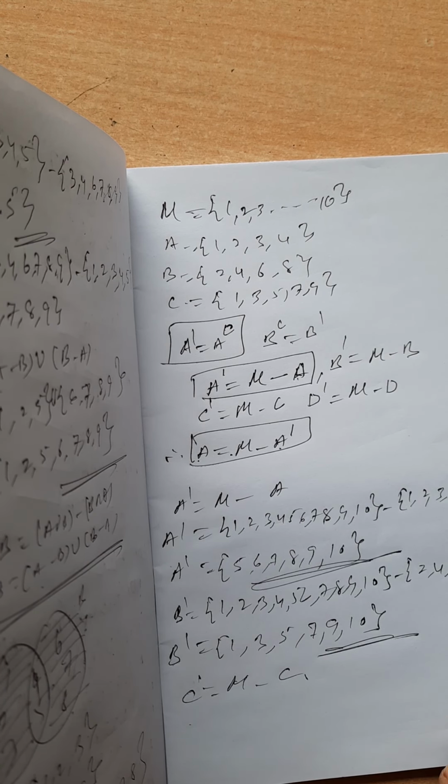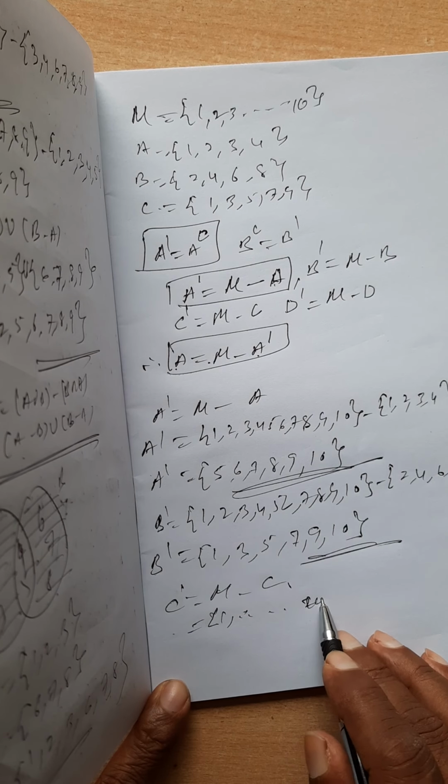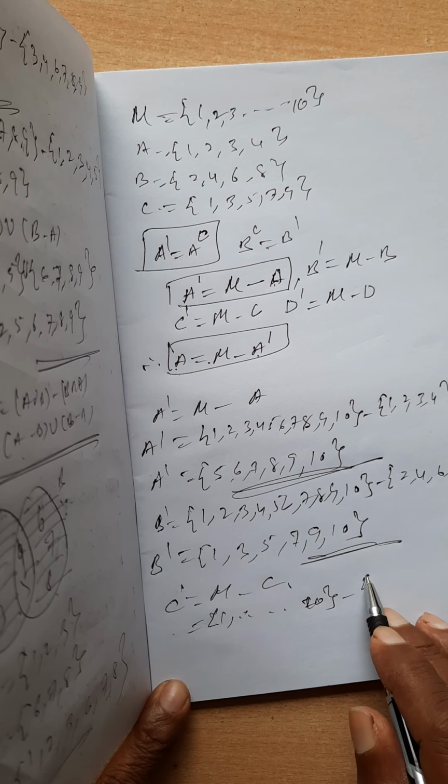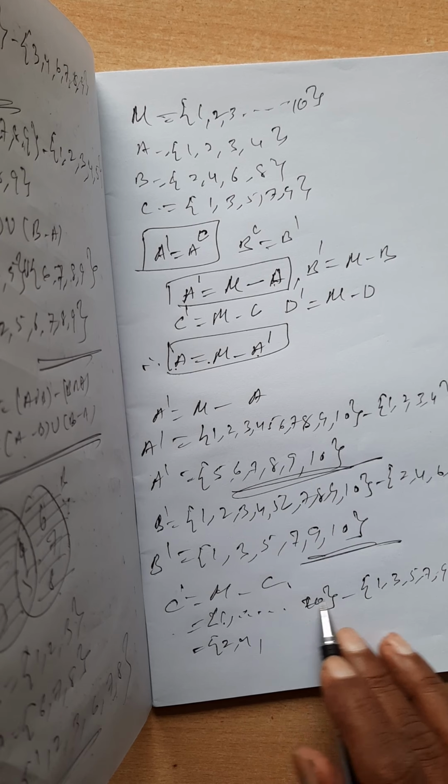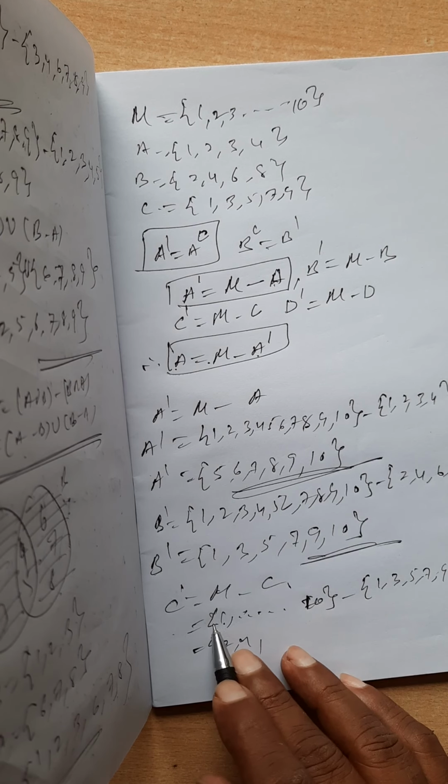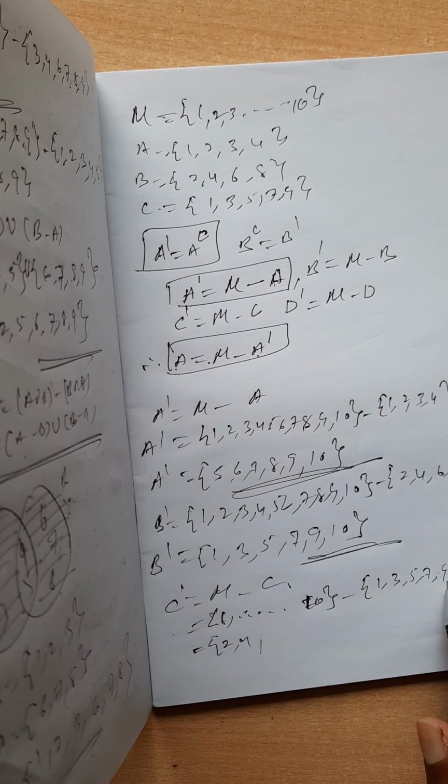Again write 1 to 10. Minus C, we write here 1, 3, 5, 7, 9. 1 is there, 1 gone. 2 is not there in C, so saved. 3 gone. 4 saved, because 4 is in mu, but not here. 1 to 10 means all numbers, while here only 3 is there, and after that 5 is there.